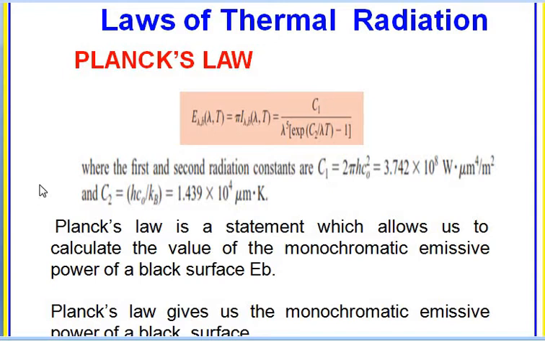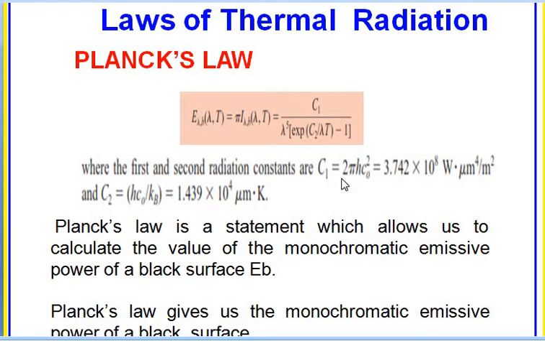where C1 and C2 are the first and second radiation constants. C1 is equal to 3.742 into 10 raised to 8 watt micrometer raised to 4 per meter square.